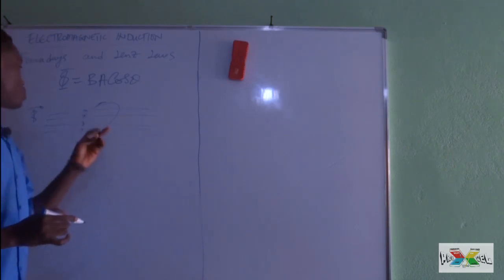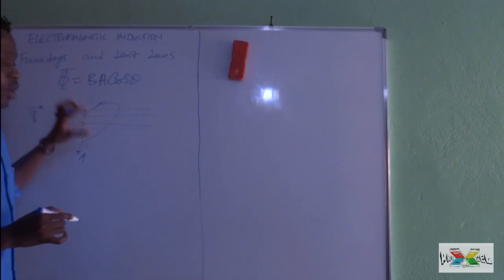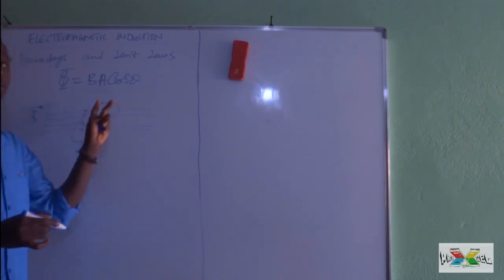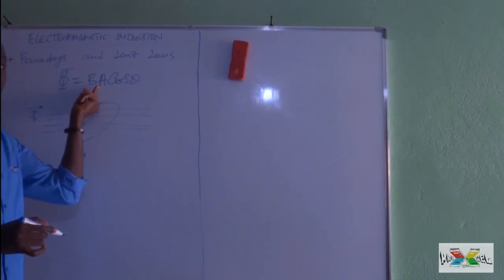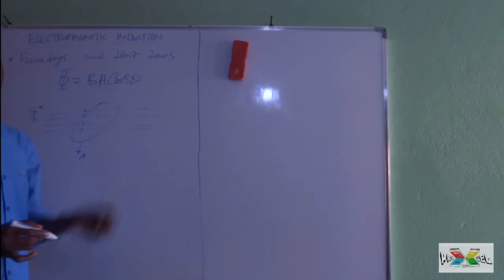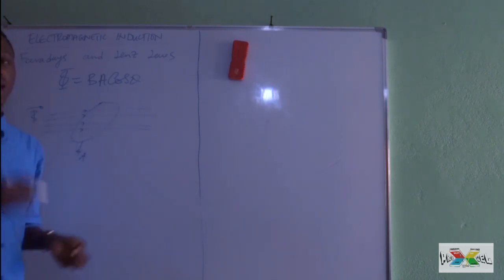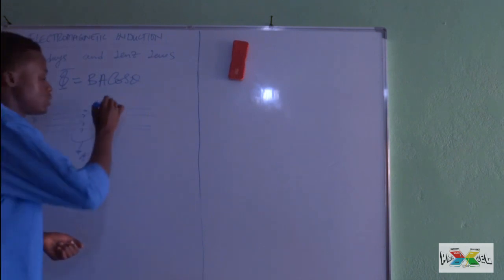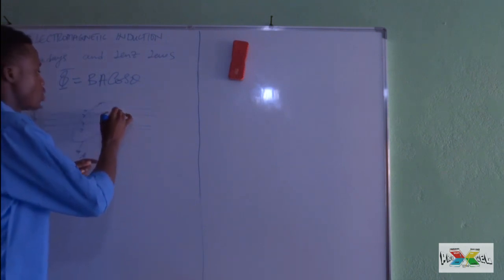Now to get the magnetic flux of this surface, it is simply the product of the magnetic field intensity times the area times the cosine of the angle between the magnetic field lines and the normal. That is the angle between this line and the normal to this line.